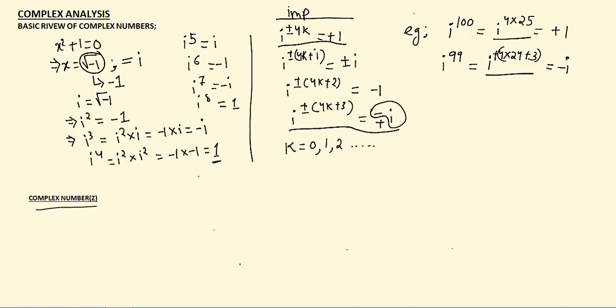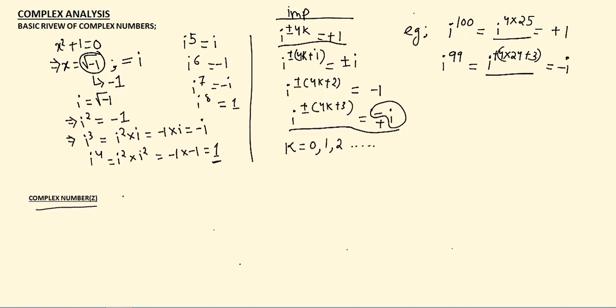Now let's discuss complex numbers. A complex number is an additive combination of a real and an imaginary number.